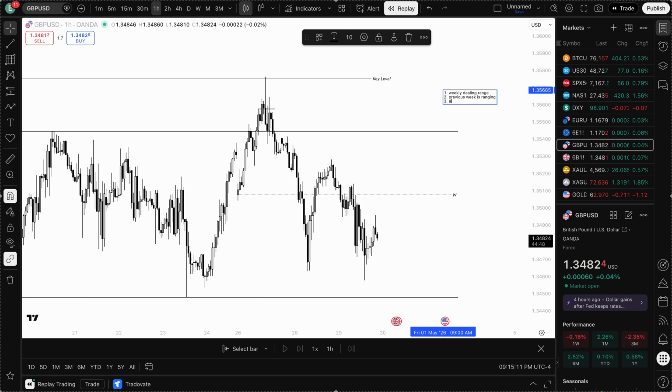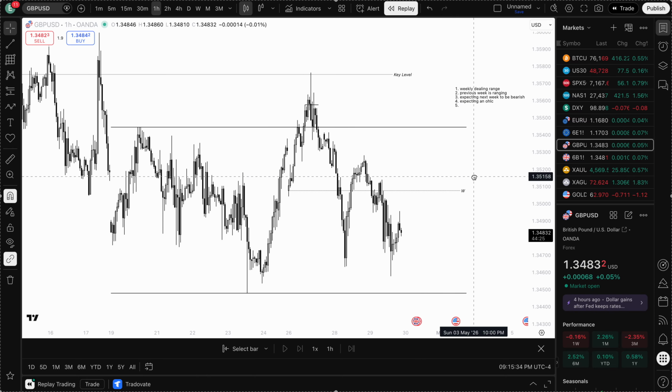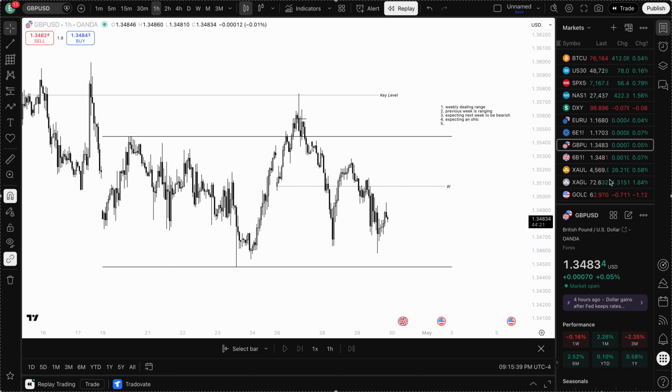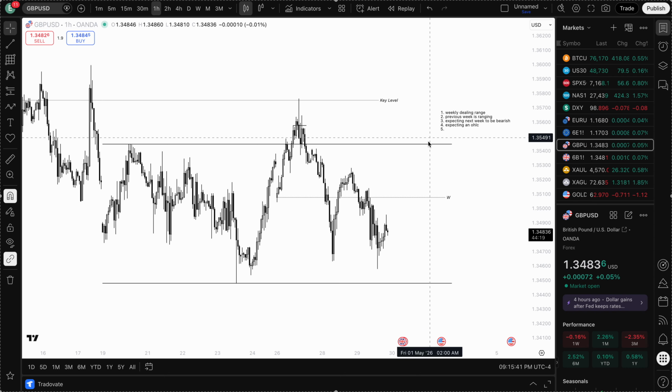And then before anything, we're expecting the next week or the current week to be bearish. So we're expecting an open, high, low, and close. Then we let the manipulation happen and find our trade within, if that makes sense.